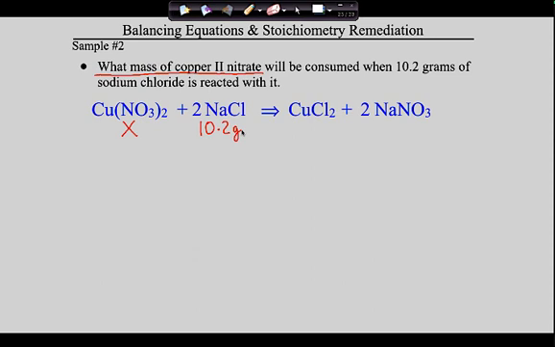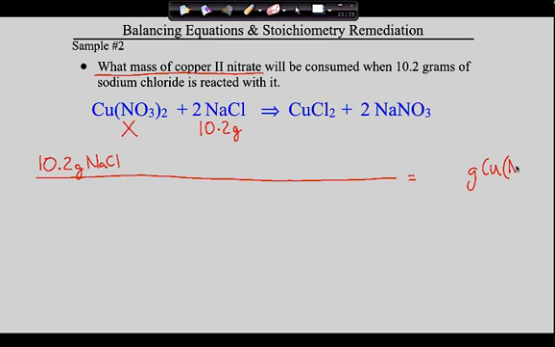These two bits of information then become our starting point and our goal. So we are going to start with the 10.2 grams of sodium chloride, and our goal will then be the mass of the substance that we are solving for, which in this case is the copper 2 nitrate.